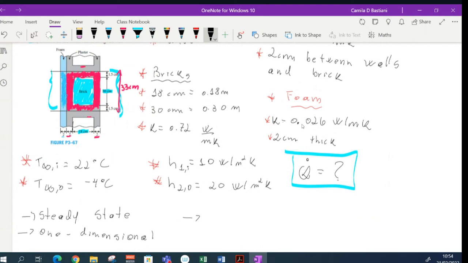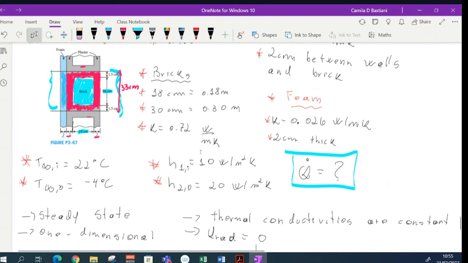Your thermal conductivities are constant. I don't have thermal conductivities changing. They are constant. And radiation is not considered, so your heat transfer by radiation is 0. You're disregarding radiation. First thing, get your assumptions.